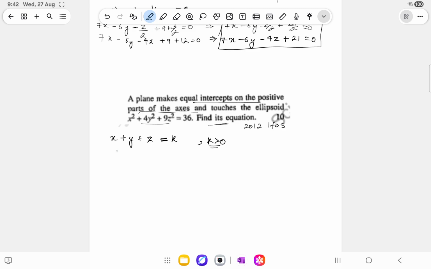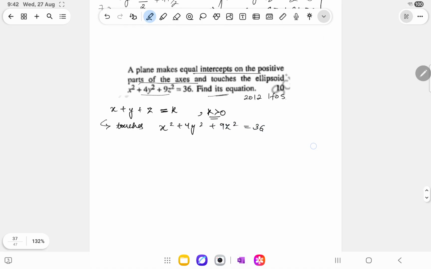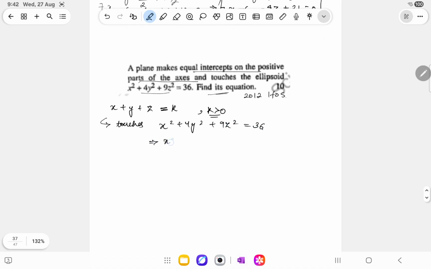This is my equation of plane, and it touches the given ellipsoid, that is x square plus 4y square plus 9z square equals 36. If I write it in general form, it will be x square by 36 plus y square by 9 plus z square by 4 equals 1.